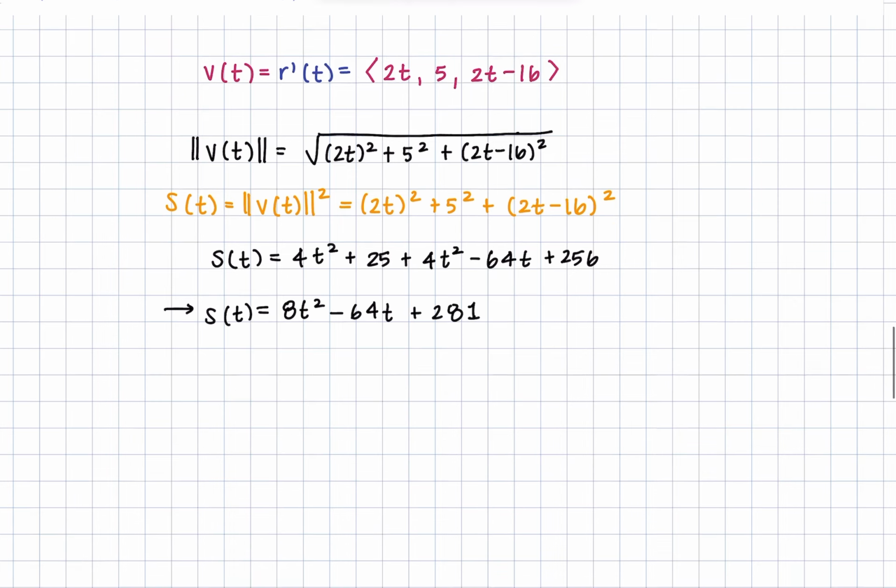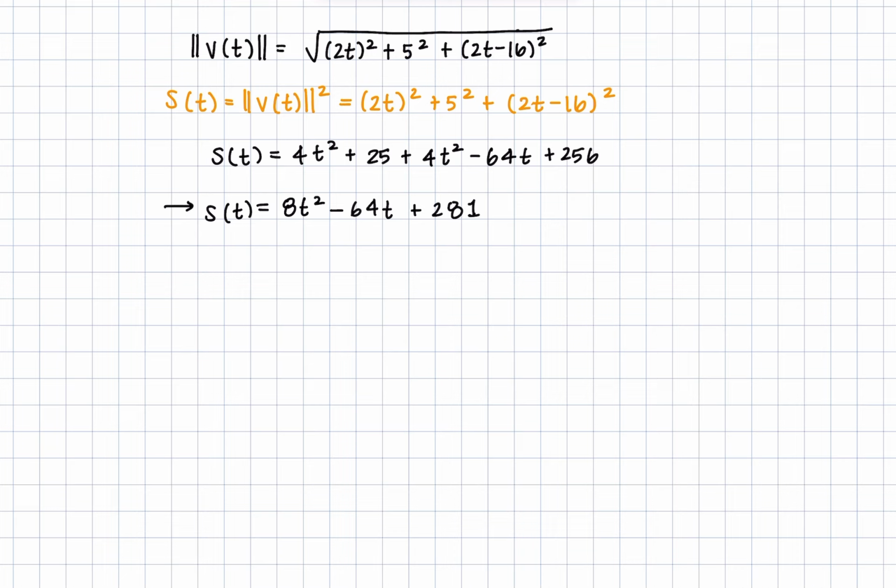Now that we have this, we have to note that because our coefficient is greater than 0 and is a positive number, our parabola is going to be opening upwards. So we do have a minimum at some point or some time.